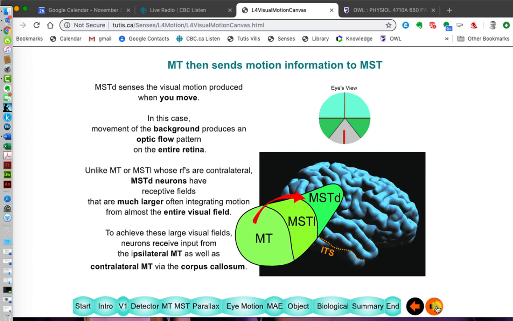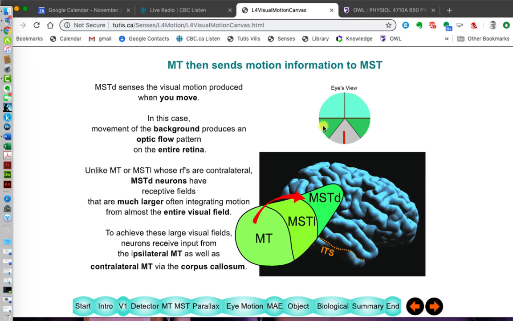On the other hand, MSTD senses not objects, but you. Where are you going? Which direction are you moving? Here you can see it has a pattern of movement. This is one arrow of many little patterns that are moving on the eye.